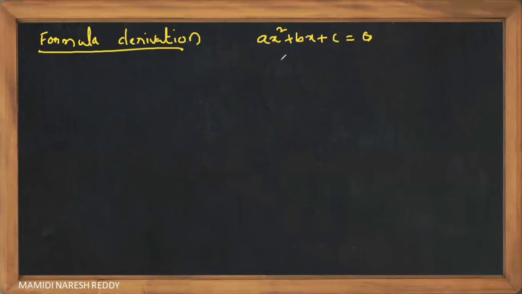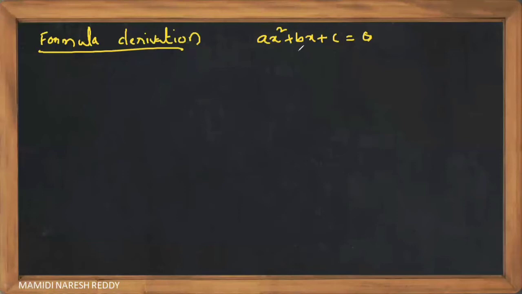Means we need to find the value of x, children. Roots are nothing but the values of the variable that satisfy the given quadratic equation, so we are finding the value of x. To find the value of x, we use the completing square method. Why? Because we can't use the splitting method, we can't use elimination, we can't use anything.